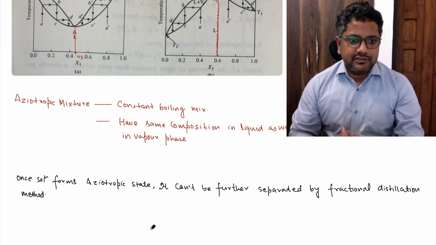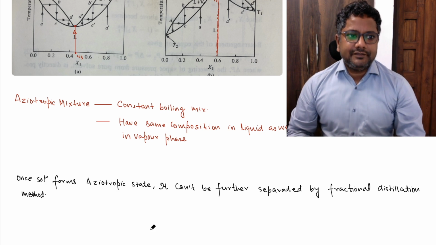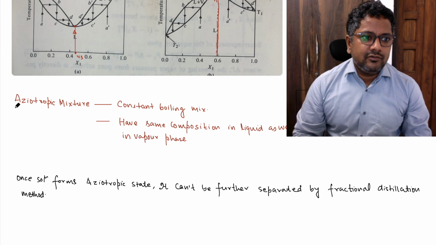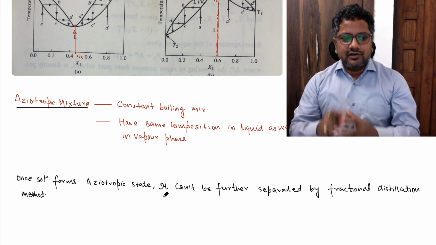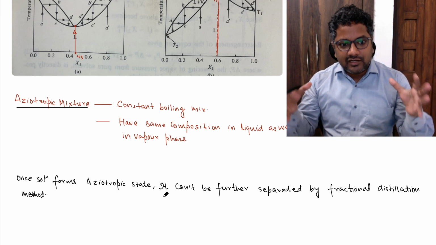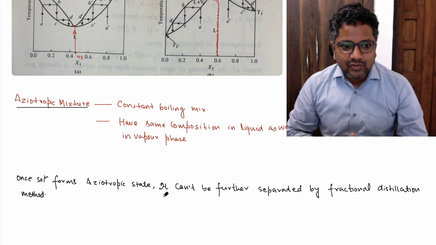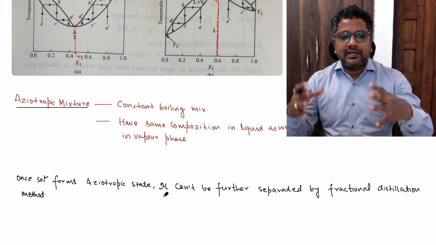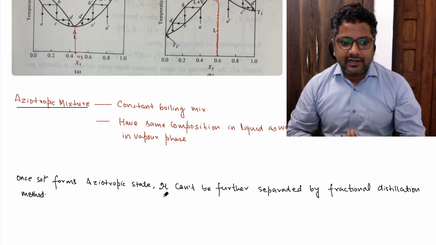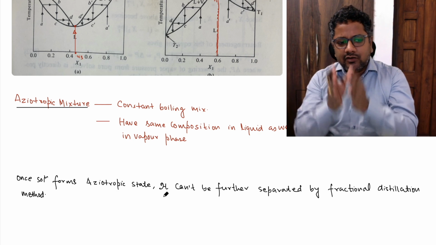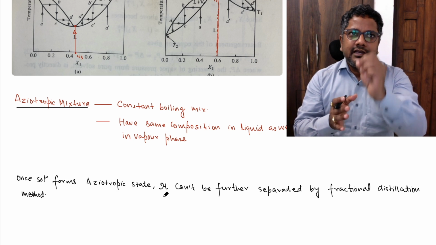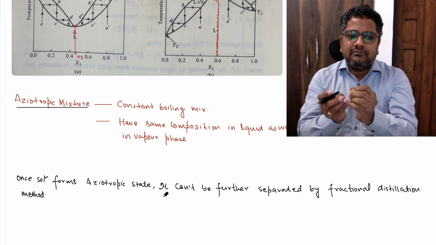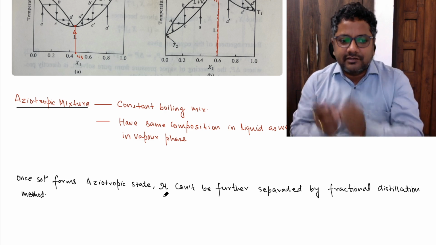Right, so this is all about azeotropic mixture. When two liquids are mixed and this state exists, it is called an azeotropic mixture or constant boiling mixture. For solids, this point also comes. Suppose you have mixed copper and zinc, both having different melting points, but in a fixed molar ratio they will melt at the same temperature and freeze at the same temperature.